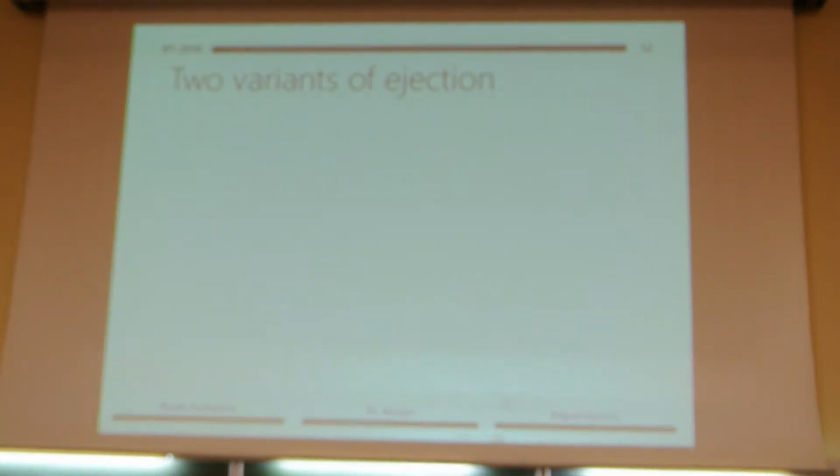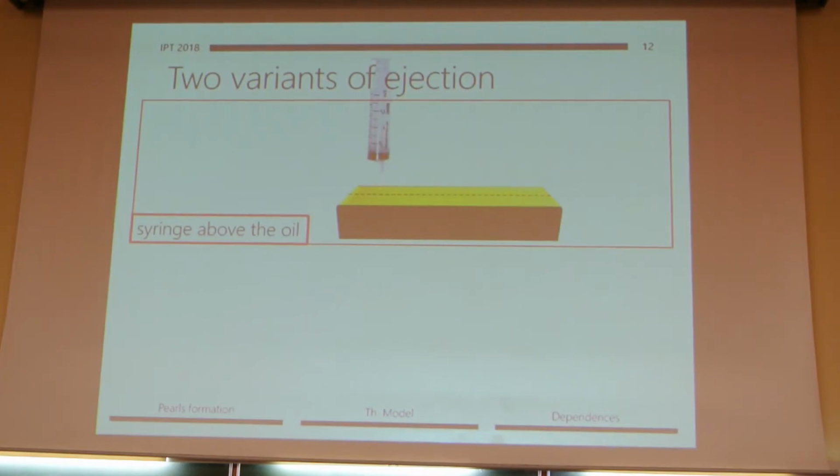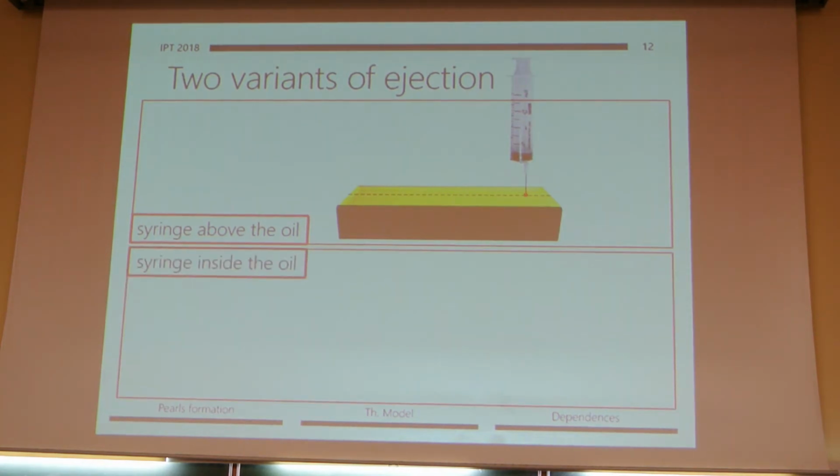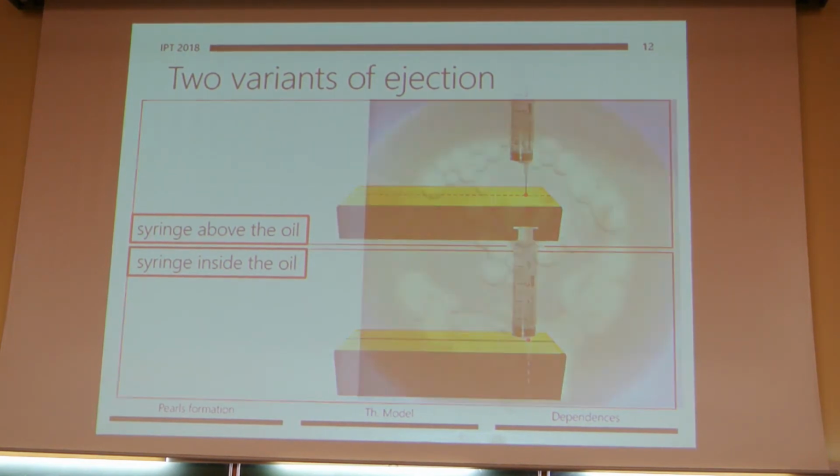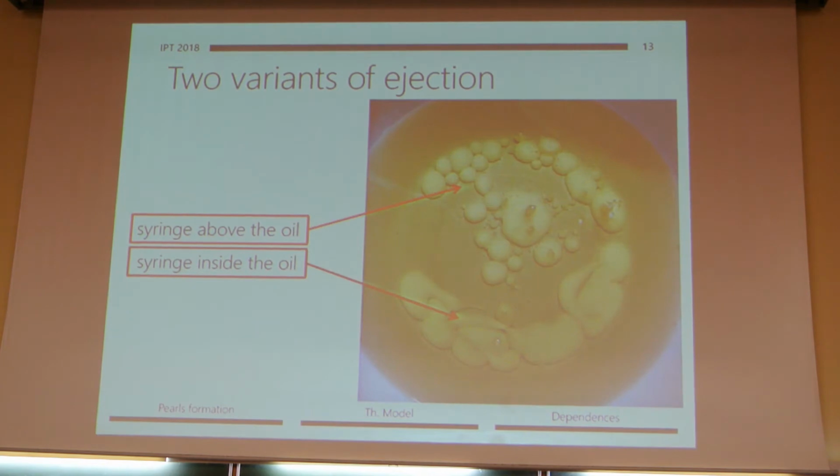Next, we describe two variants of ejection of egg white. First, we hold the syringe above the oil and eject like this. Or we can eject by holding the syringe inside the oil, like this. What will we see? Here you can see the picture of the effect.